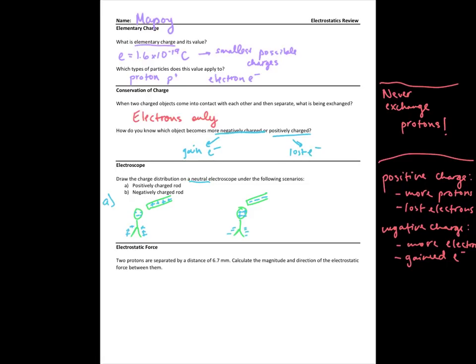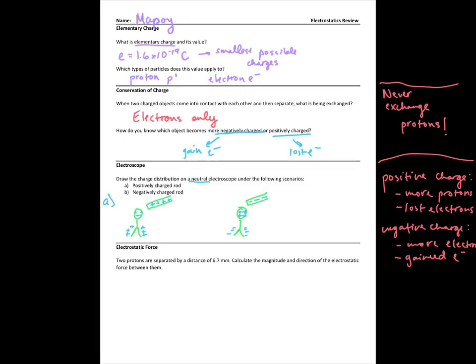I want you to pay attention here. When you have a positive rod, it's going to attract the negative charges of the electroscope to the top, and the like charges, the positives, get pushed down to the bottom, causing these leaves to diverge. The same thing happens here with a negative rod. It attracts the positives, and the negatives get pushed down here and repel the leaves. And that's it.